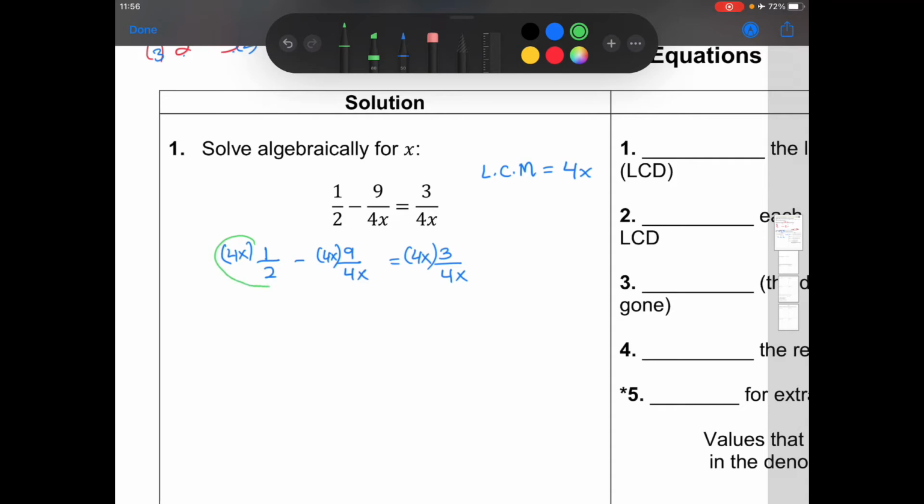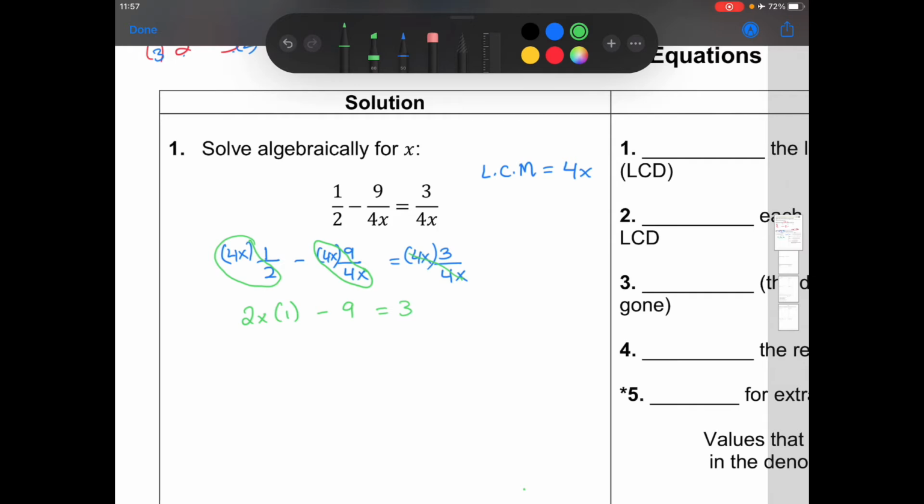So now take this. Simplify it. What's 4x divided by 2? It's 2x times 1. What's 4x divided by 4x? It's just 1, so minus 9. And this also cancels out, so this would be just equal to 3. Do you see how easy it gets?